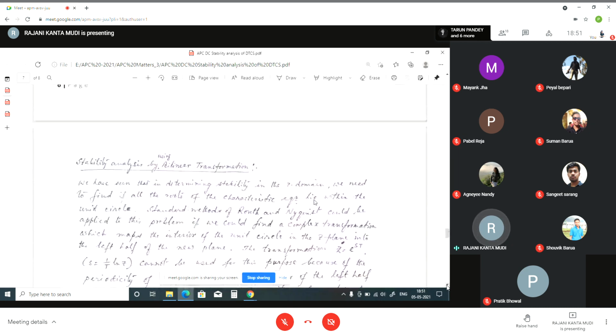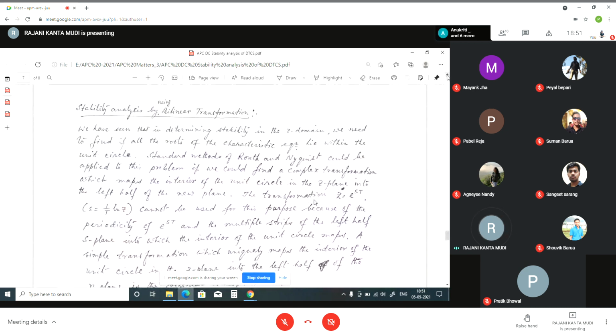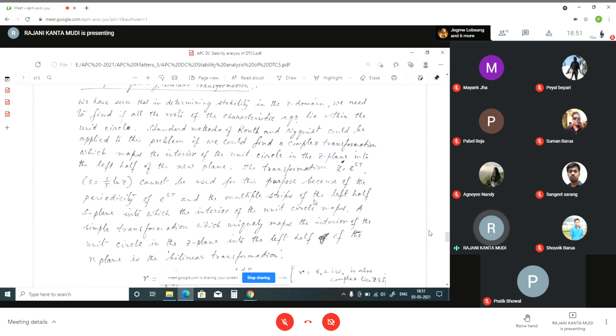So another method I have already told you, the stability analysis by using bilinear transform. Here we can use the Routh-Hurwitz criteria. You see why in the previous case we cannot use directly the Routh-Hurwitz criteria: because the stability boundary in the Z domain and S domain is different.